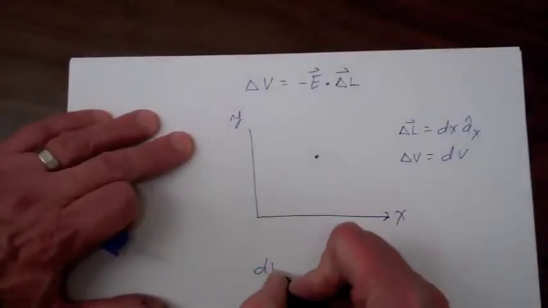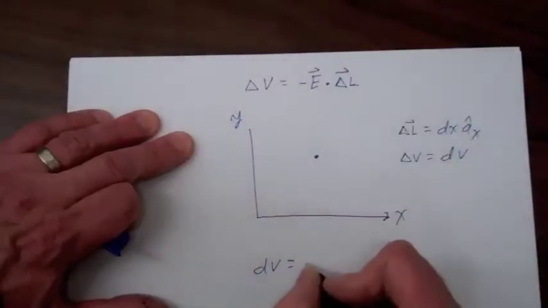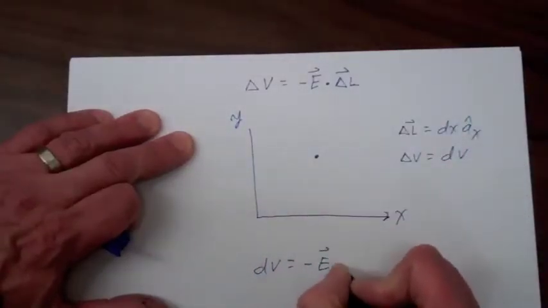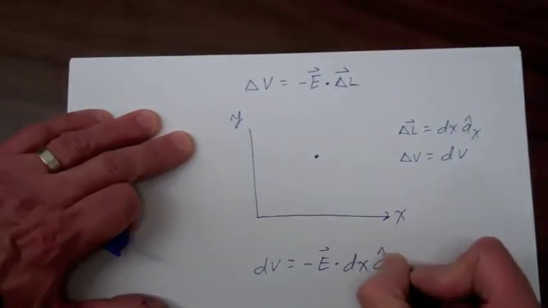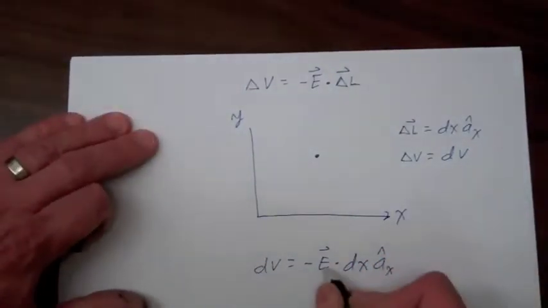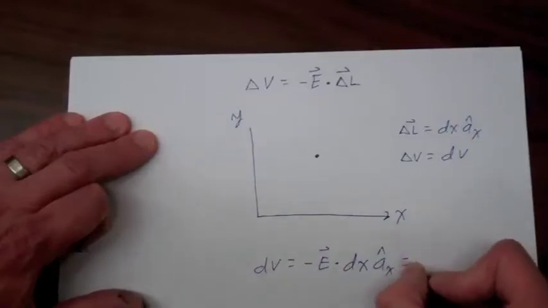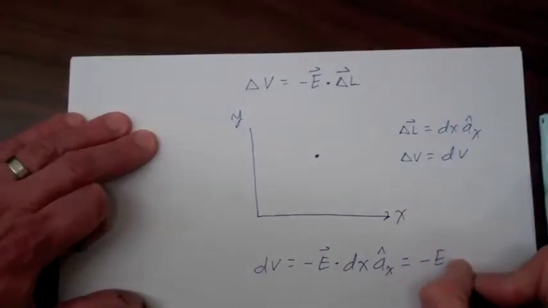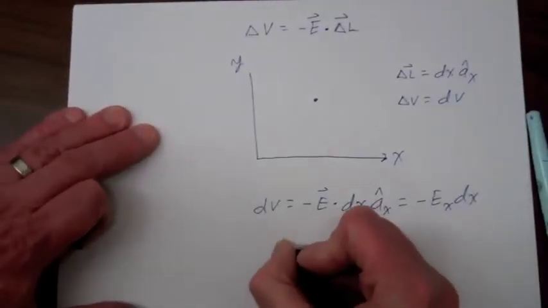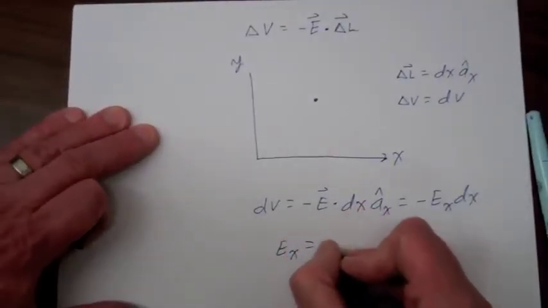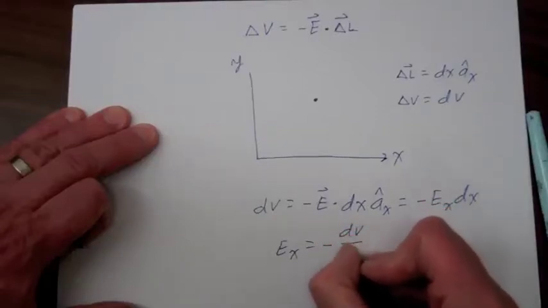So dV is equal to minus E dot delta L, which is dx in the x direction. E dot a sub x is just the electric field in the x direction. Solving for E sub x, I see it's equal to minus dV/dx.